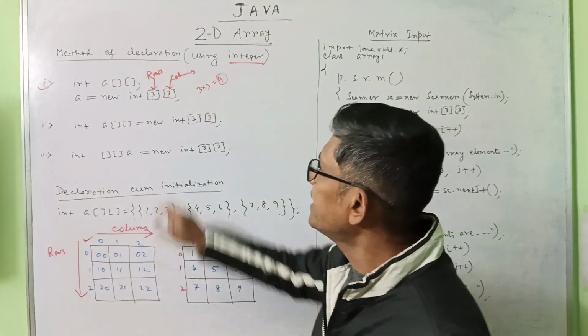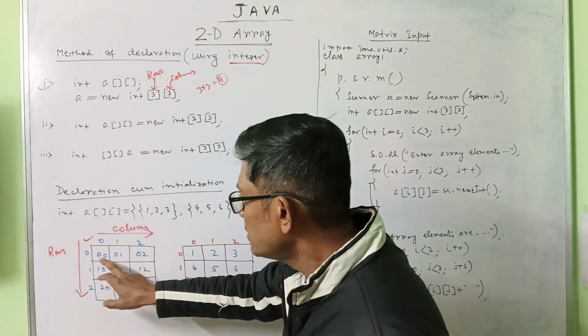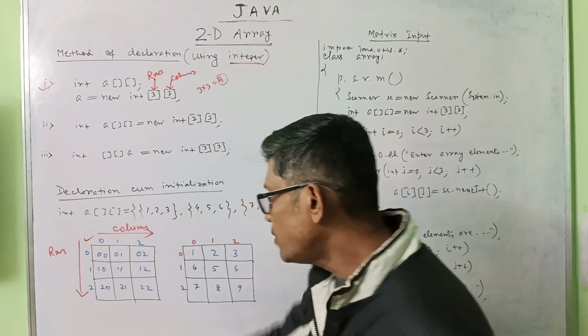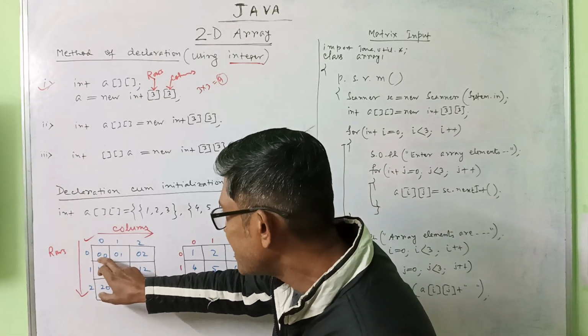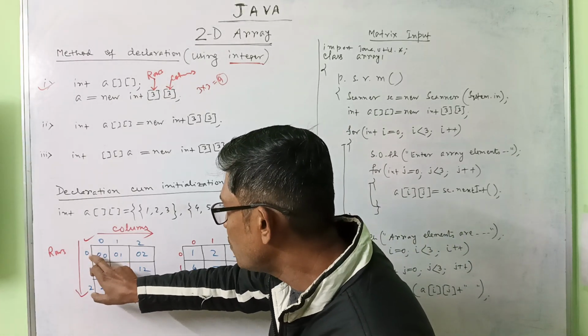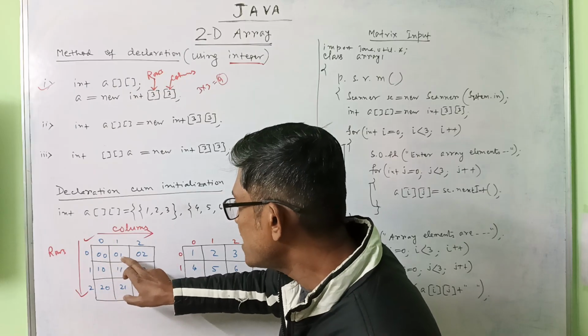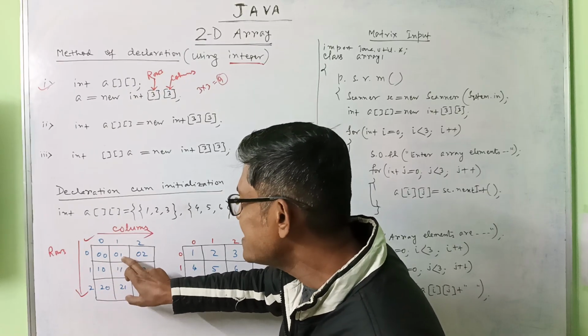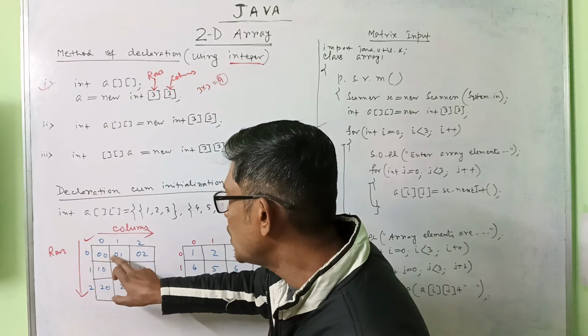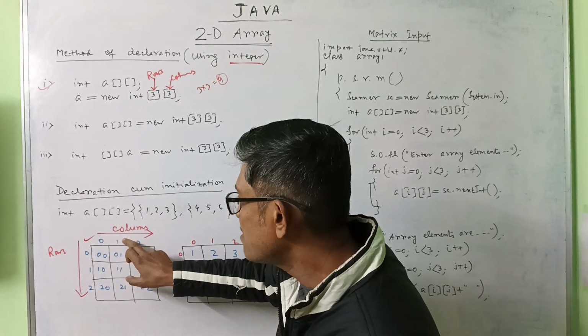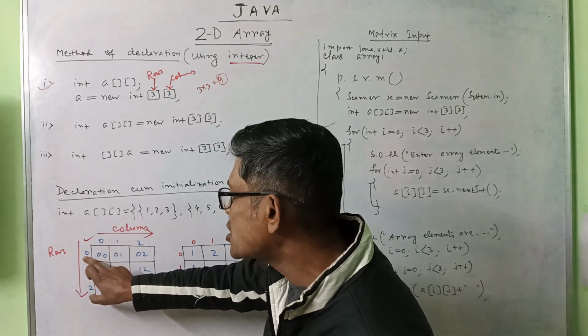This is the first cell in the two-dimensional array, 0th row, 0th column. This is the second one. The position is 0 1, that means the 0th row and the first column.